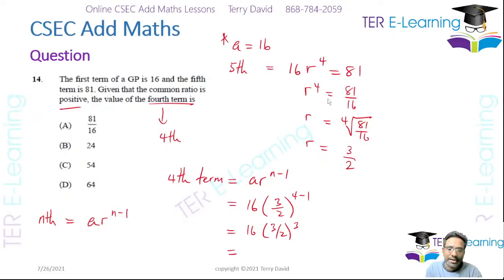I'm using my calculator for that. So that's 3 over 2 to the power 3, that's cube. Multiply by 16, and what I'm getting for my answer here is 54. So my answer is C. The answer is 54.